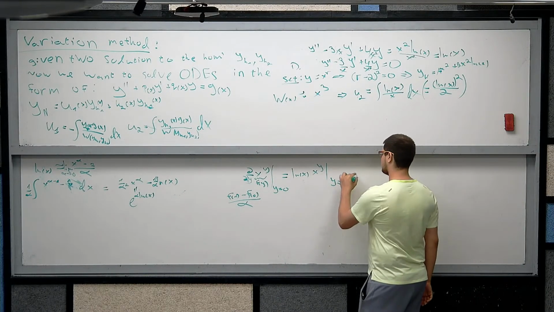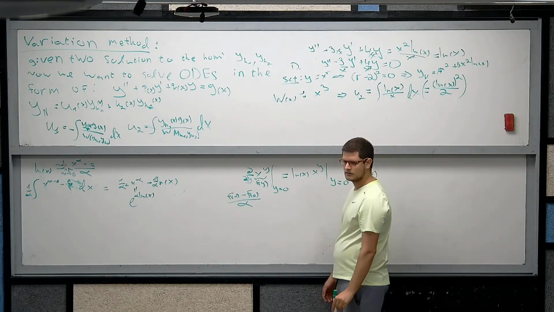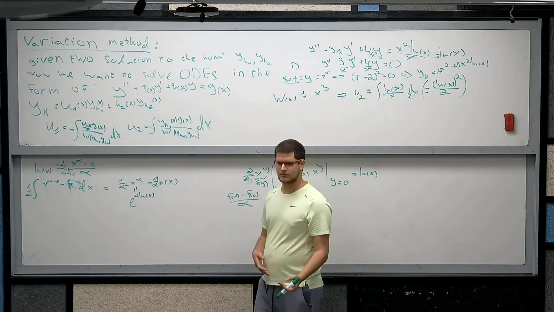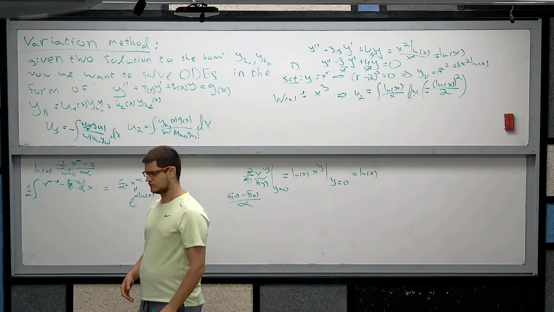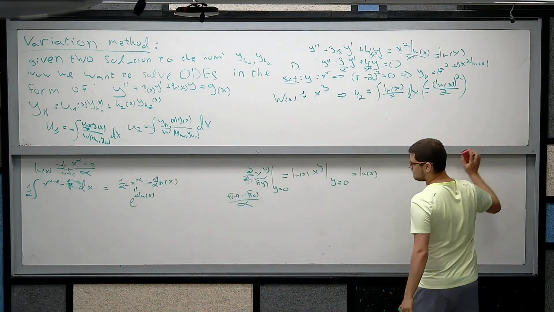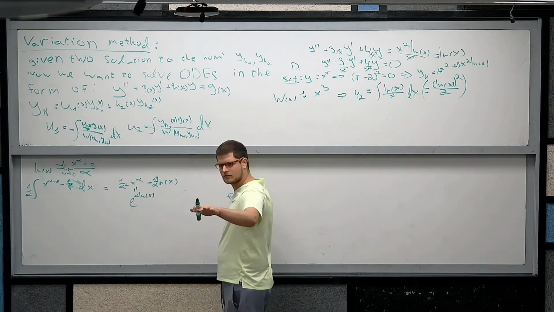So at y equal to 0, it will be equal to ln of x. So from the definition of the derivative, we get the same thing. Do you see that? Yeah, it's just a nice way of doing things. You understand?